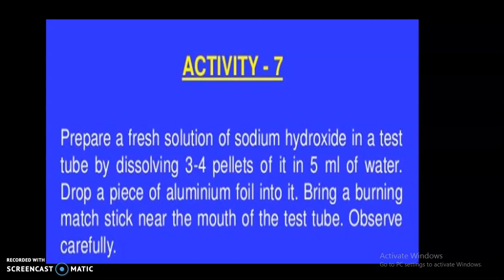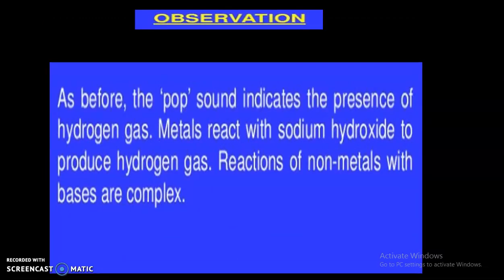So drop a piece of aluminium foil in it, bring a burning matchstick near the mouth of the test tube, and observe carefully. What we are going to observe is, as before, the pop sound indicates the presence of hydrogen gas, so metals will react with sodium hydroxide to produce hydrogen gas again.